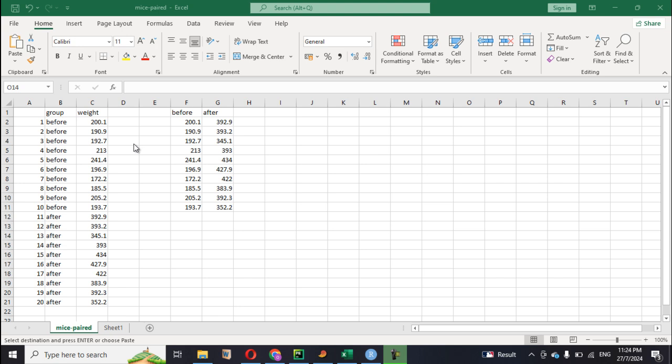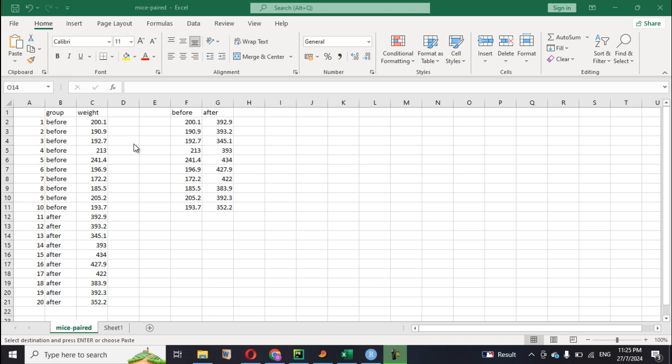And don't forget, this is time-based. What do I mean by time-based? You have before and after. You perform the experiment on the same subject or the same group of specimens before and after.